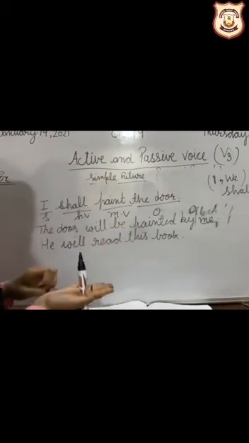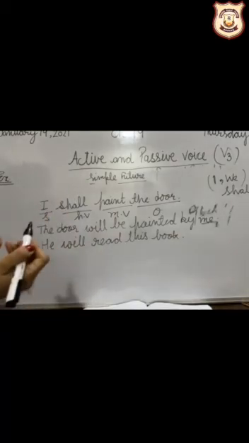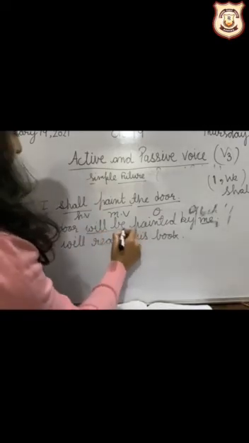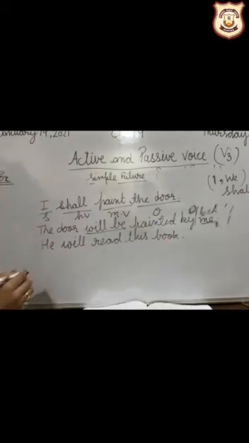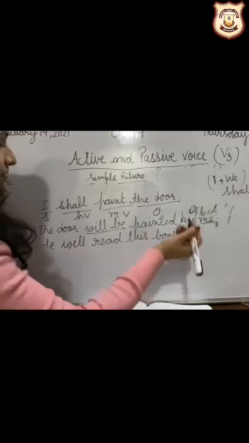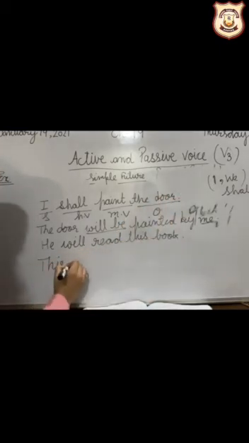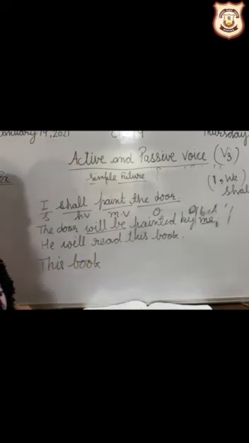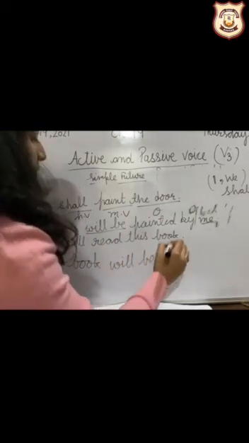So whenever we need to convert simple future tense active voice into passive, we need to use will be or shall be. Either will be or shall be. Now see another example. He will read this book. This book will be read.